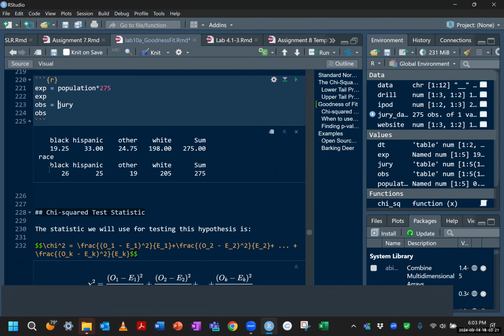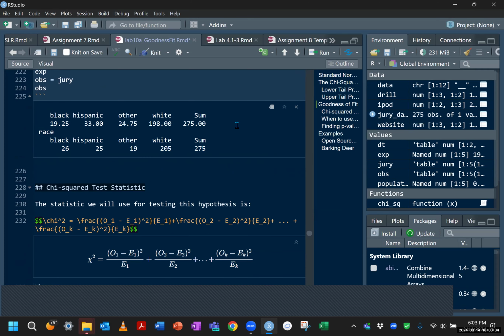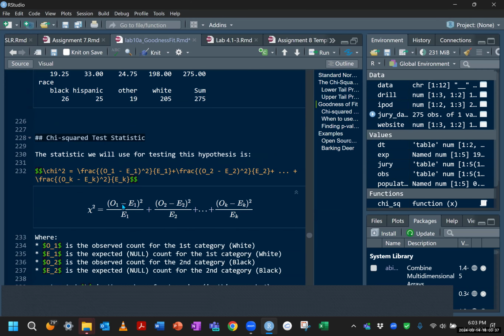We got our null hypothesis, the expected counts, and the data itself is the observed counts. So we're going to find our p-value, which is the chance we've observed this data if the null is actually true. For the statistic, I take the observed minus expected for each group, square it, and divide by the expected. Then we add them all up.